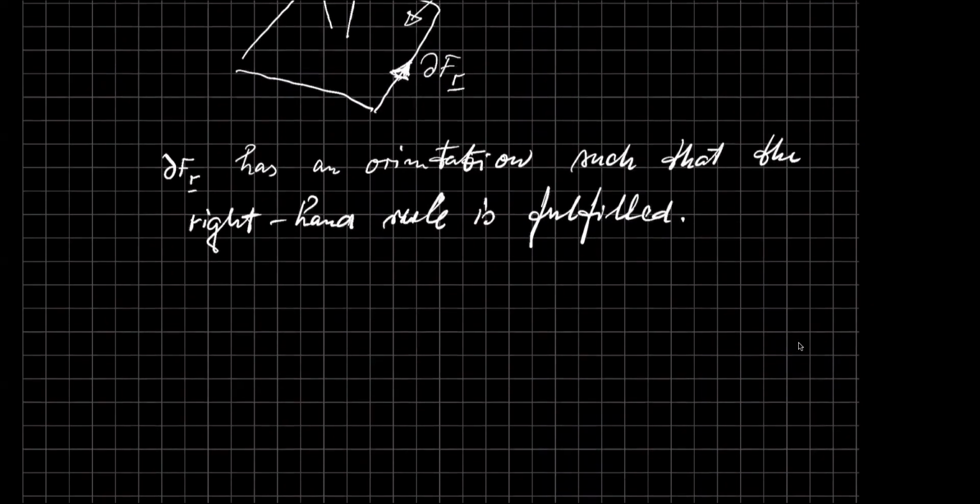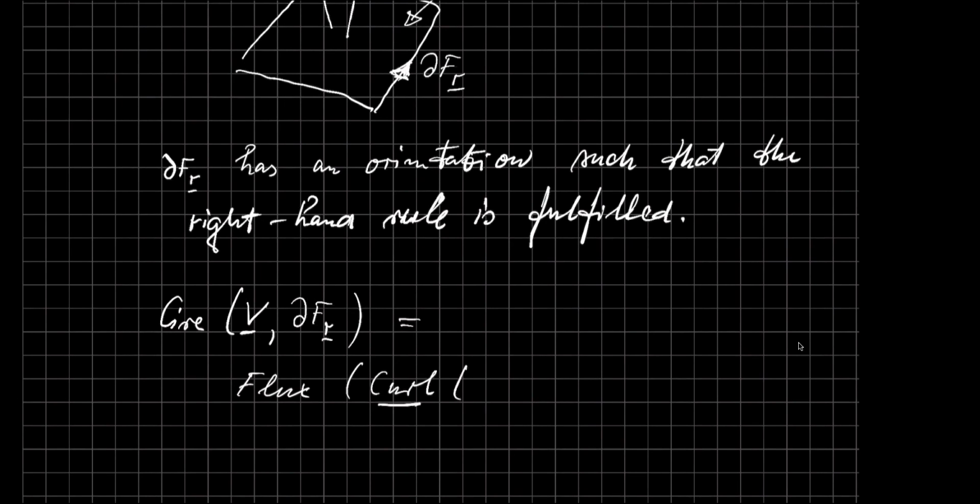So then the circulation of the vector field V along the boundary of the surface is equal to the flux of the curl of V through this surface.